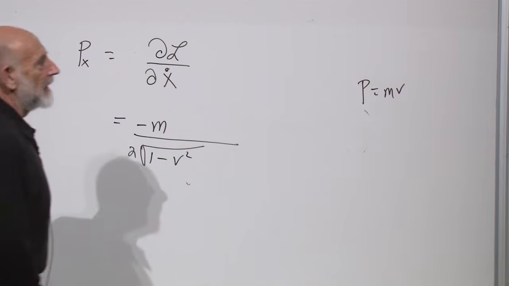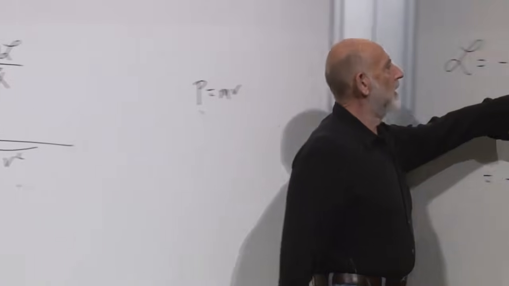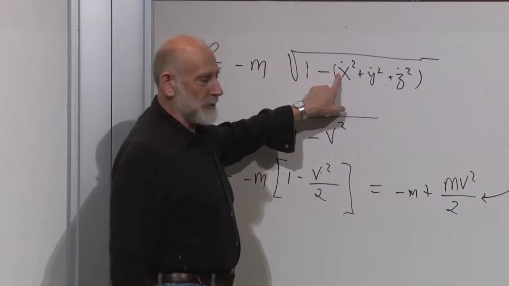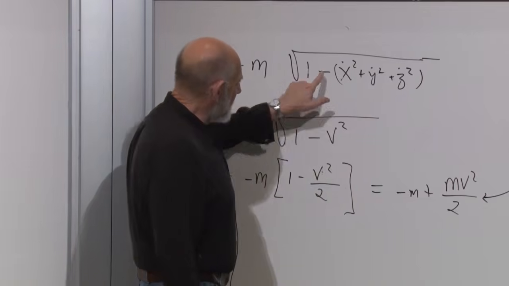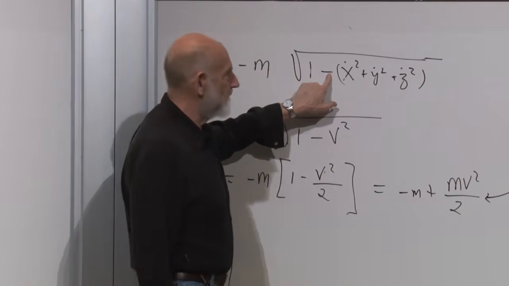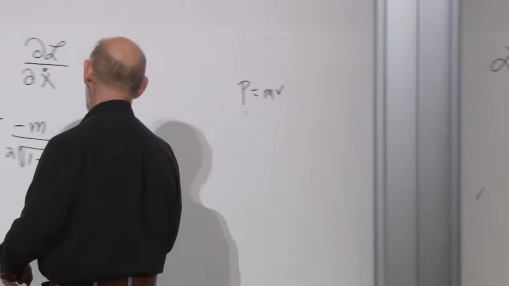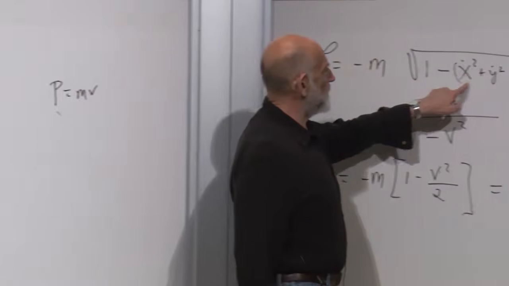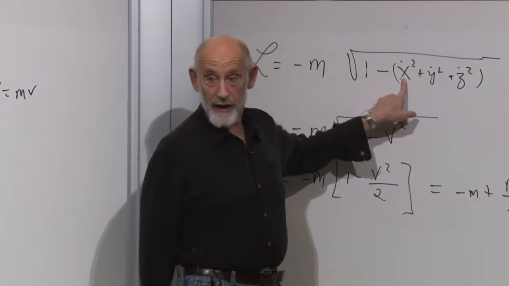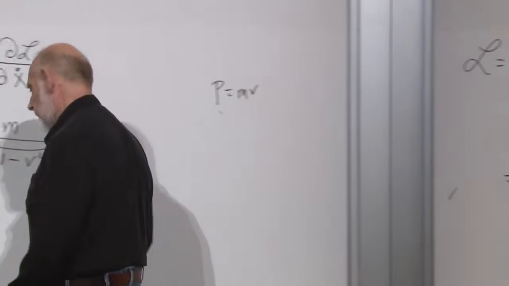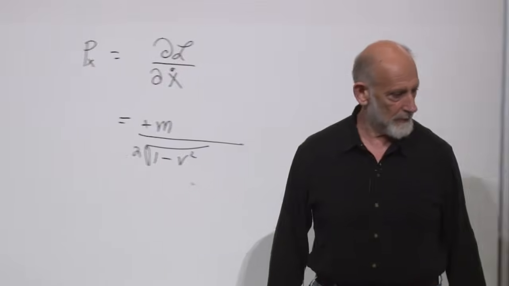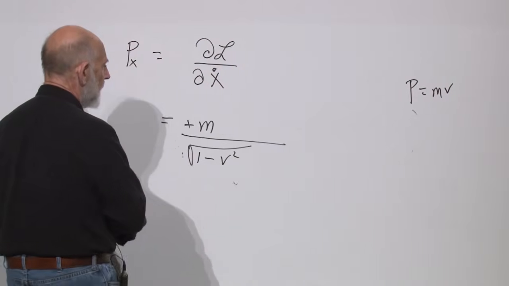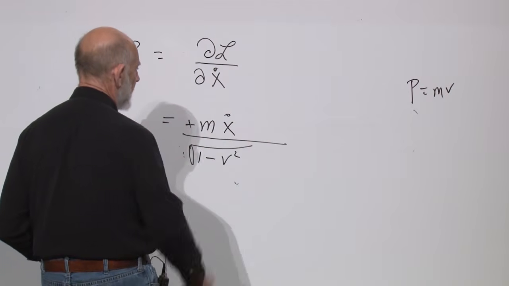Now we have to take the derivative of the thing inside the square root with respect to x dot. That's going to give us a minus from here. So there's another minus sign, plus, and then the derivative of this thing with respect to x dot, which is twice x dot. So that will eat up the 2 in the denominator. And it will put an x dot here.